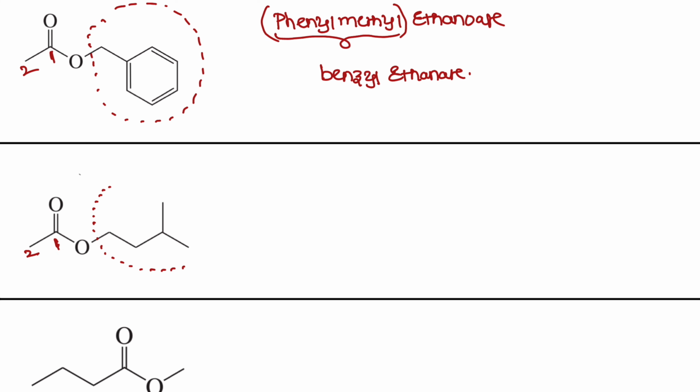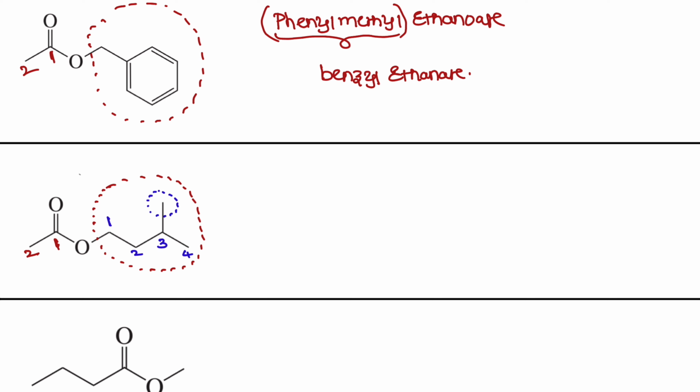And the next one, so here this is the first carbon, this is the second carbon, and here this is the branch. Actually it is a complex alkyl group. If you can recollect how to name a complex alkyl group, here is the point of attachment. So here this is the first carbon, second, third, and fourth, and this is a substituent.